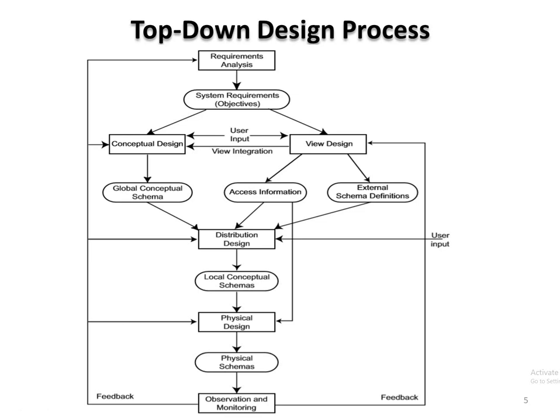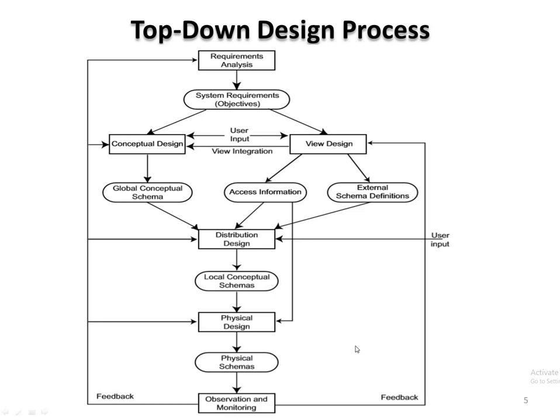So the distribution design activity consists of two steps: fragmentation and allocation. And the last step in the design process is the physical design. It maps the local conceptual schemas to the physical storage devices available at the corresponding site.